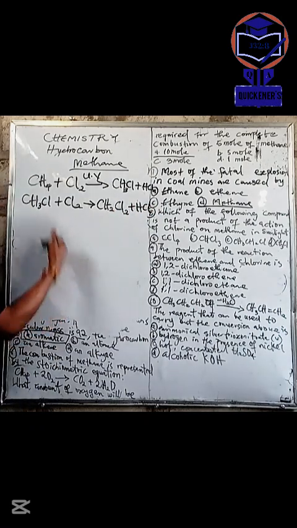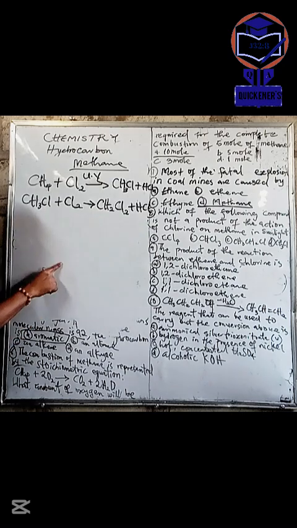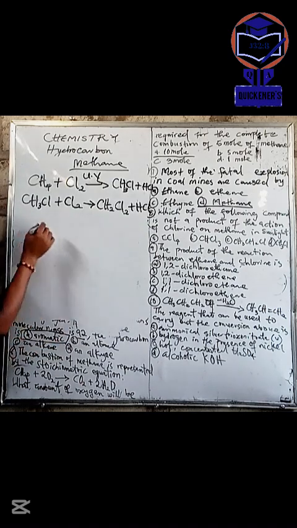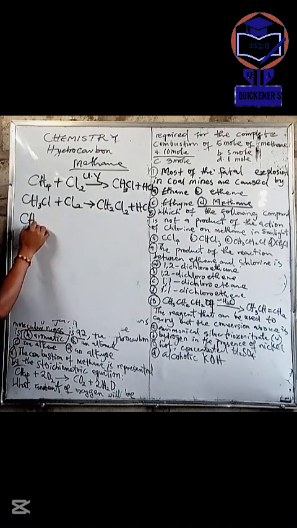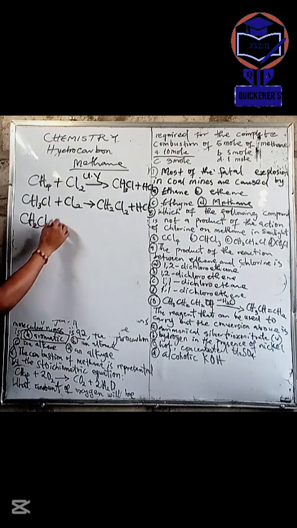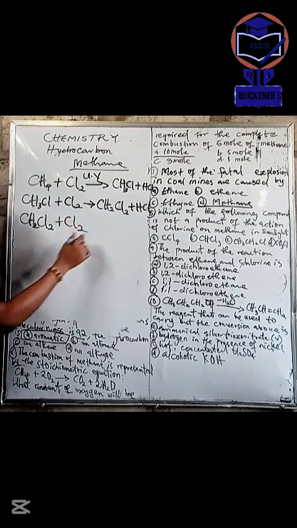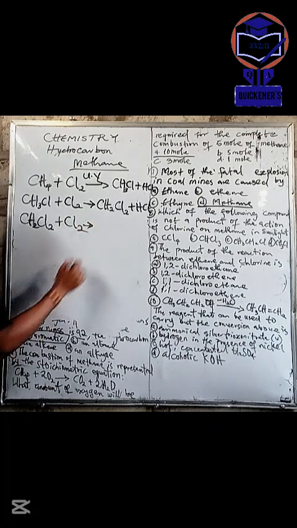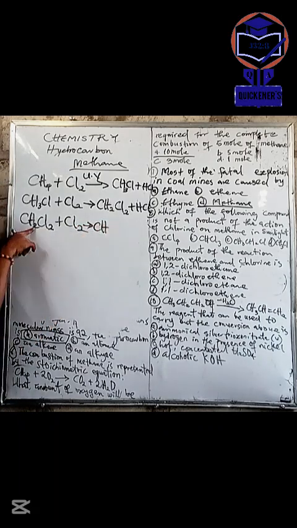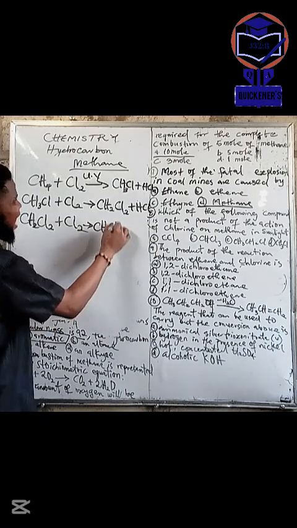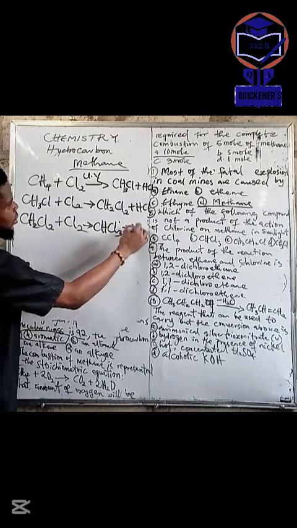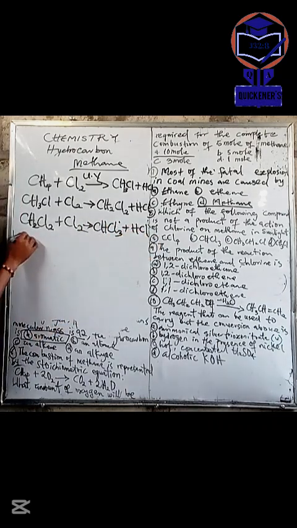This is a chain reaction, it continues till all the hydrogen atoms are displaced. So the next one is CH2Cl2 plus chlorine again. One atom of hydrogen will be displaced again. So what will you have? You have CHCl3 plus HCl, and it continues to the last one.